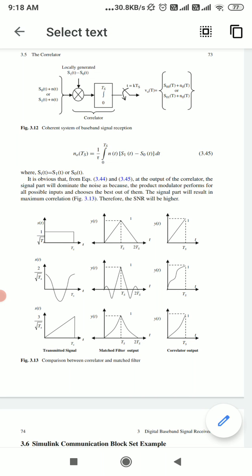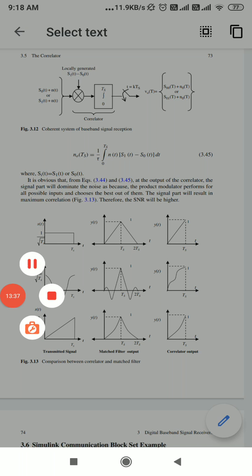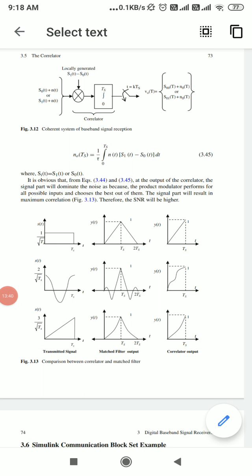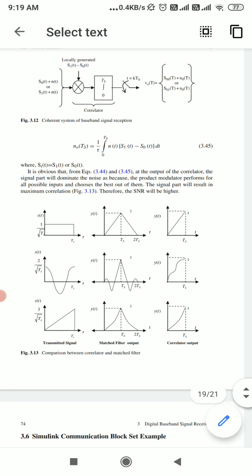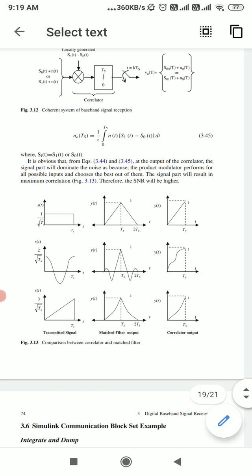So here we have seen that the coherent correlator has the same performance as the match filter. When we use the correlator, it works with exactly the same performance and gives the same output as the match filter. So we can use either a correlator receiver circuit or a match filter.